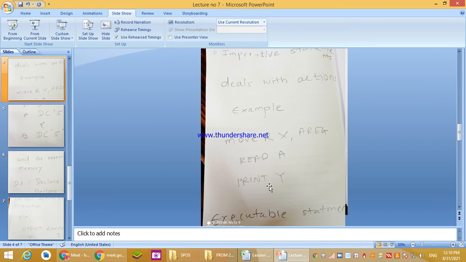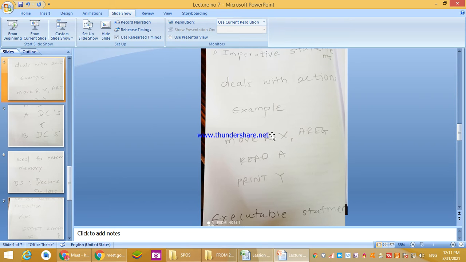You can see over here: move, read, print. What are these? These are nothing but the mnemonics. And these are the literals, or operands, on which the operation is going on.